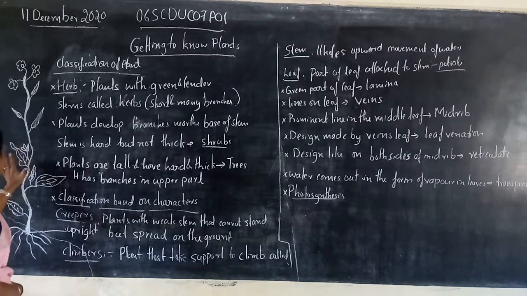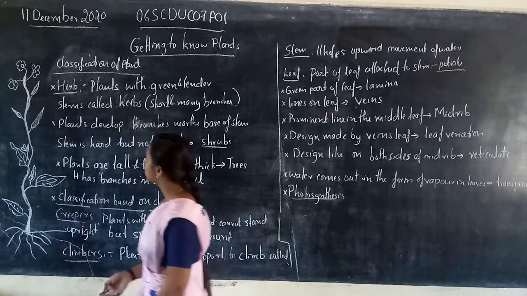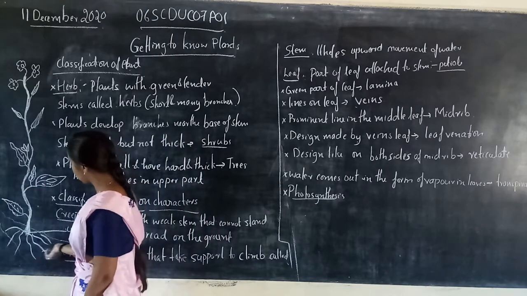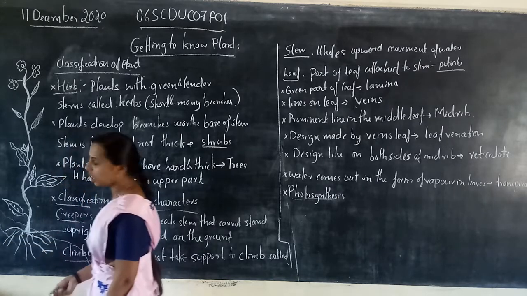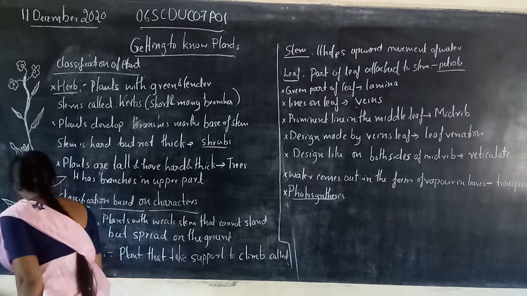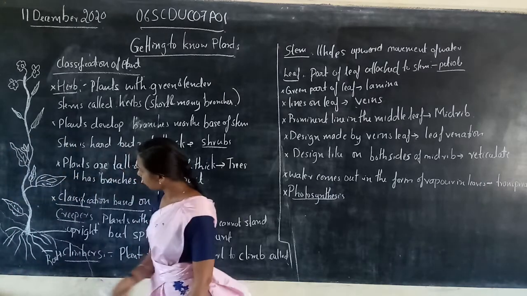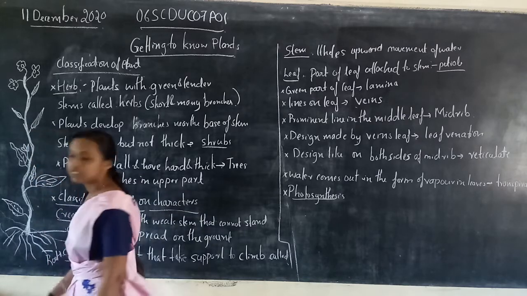So here you see the pictures. What is this picture? It's about a plant. See, what are these? These are roots. Then this is a long structure.